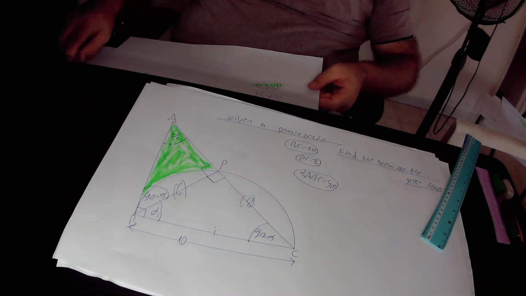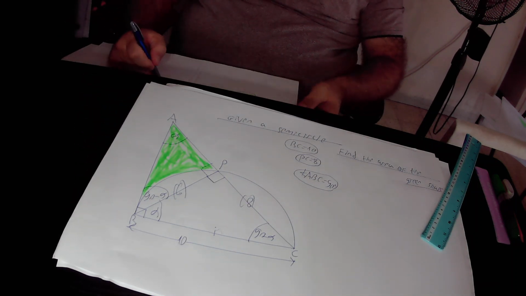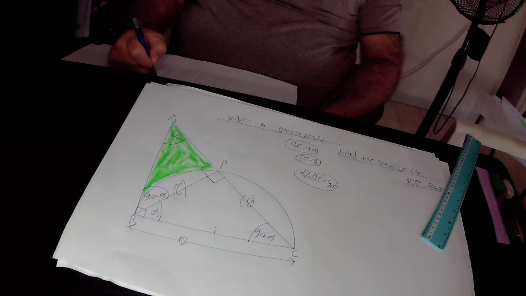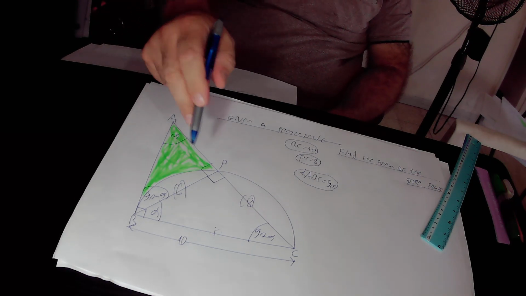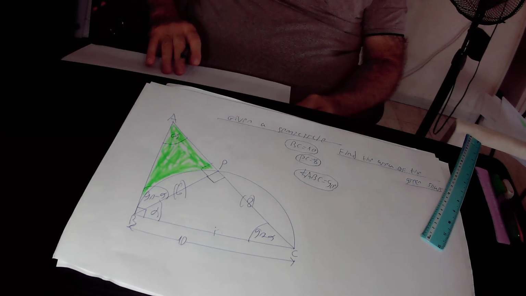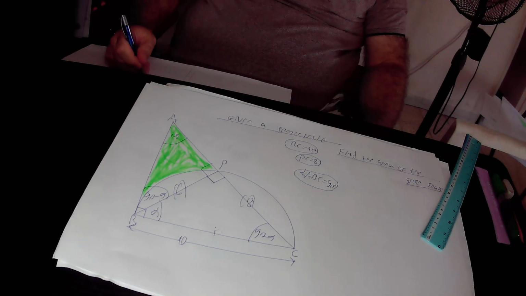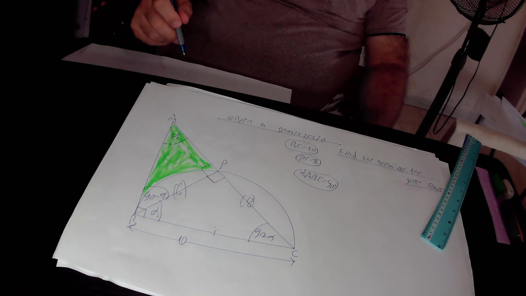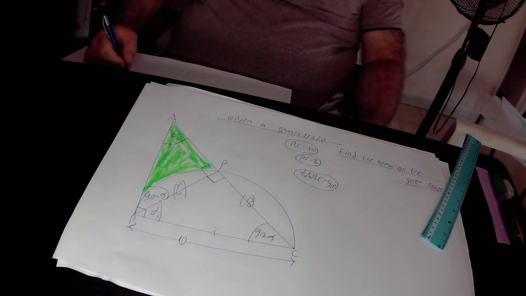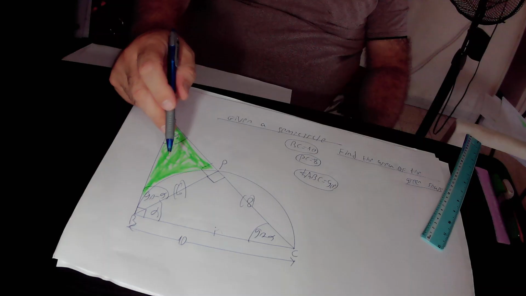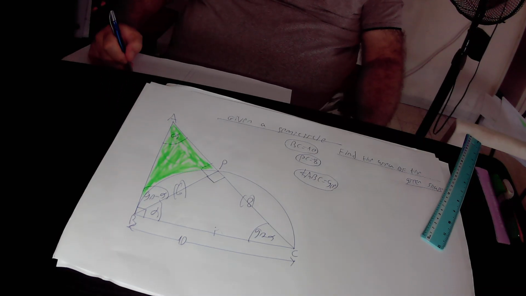AB is the missing side, so we leave it as it is, over BC. BC is 10, according to what is given in the question. And it is equal to AP. AP is the missing side, so we leave it as it is, over PB. We already found out that PB equals 6.